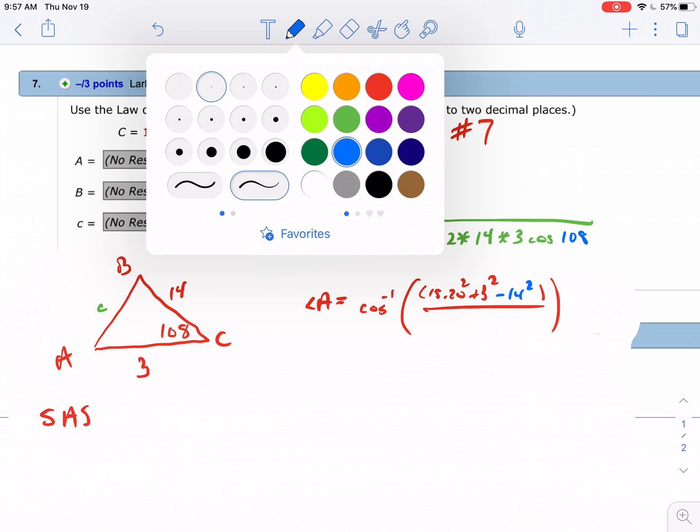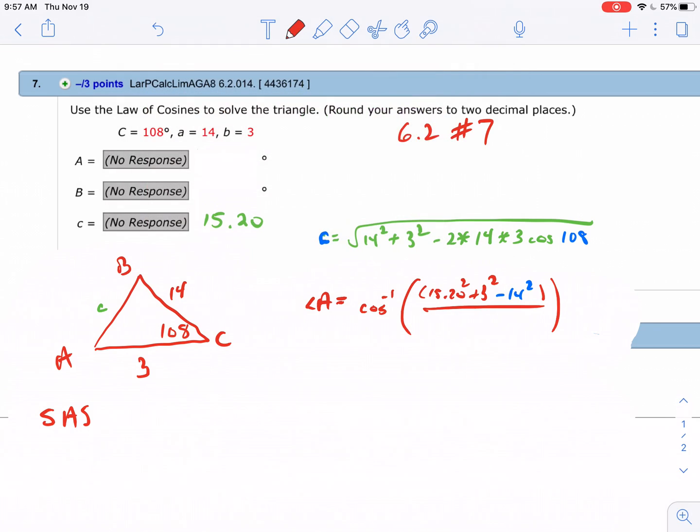And then on the bottom, you do 2 times the 15.2 times 3. Put that in parentheses as well. Now, for accuracy, I am writing in 15.20. But when I go to do my work, I'm going to do the full decimal to make sure that I have the correct answer.